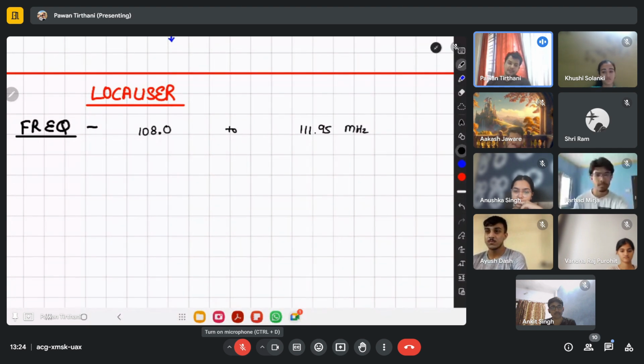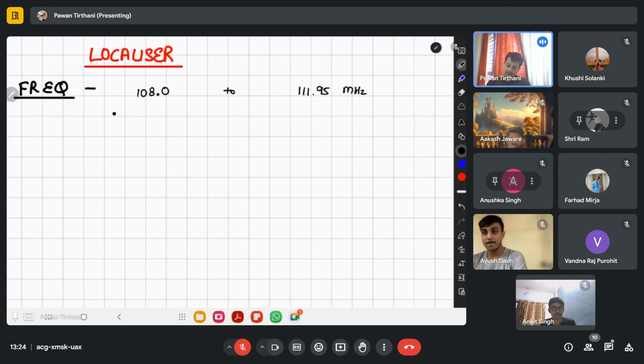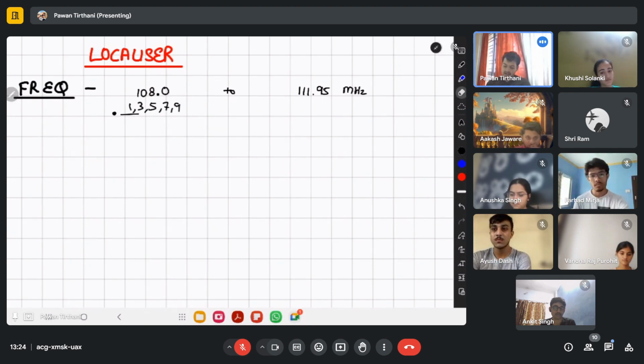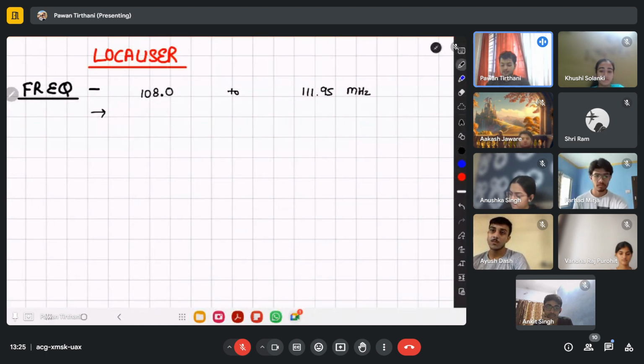Remember the VOR frequency band? It used to share with the VOR frequency band. Every frequency after the decimal place, if the digit is an odd digit, like 1, 3, 5, 7, or 9, it has to be a localizer frequency. As explained in the VOR chapter, in every 1 megahertz, we have 20 channels available.